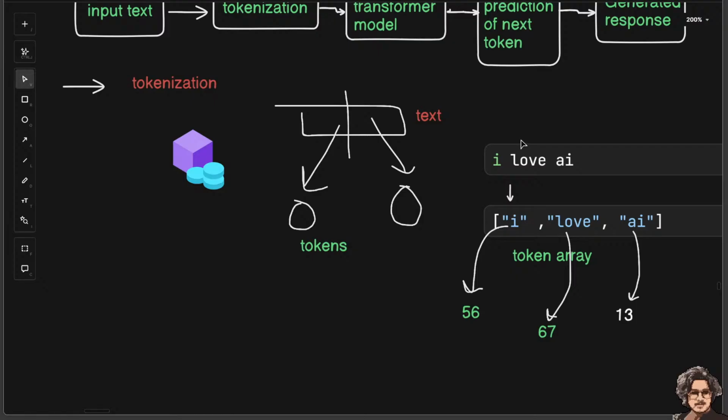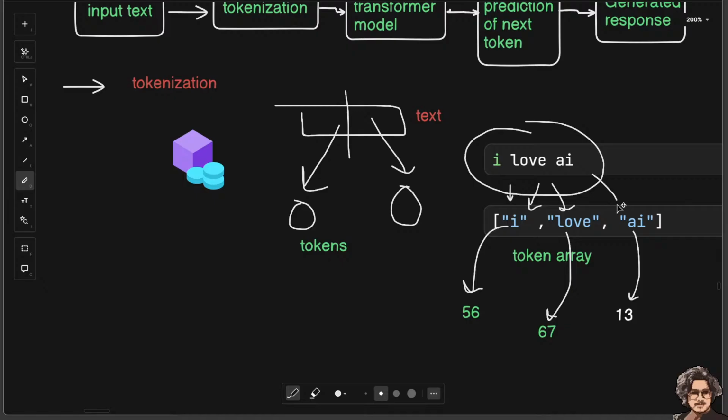AI can't understand all this raw text, so it needs to be broken into smaller pieces that can be understandable. This conversion into smaller units is known as a token.